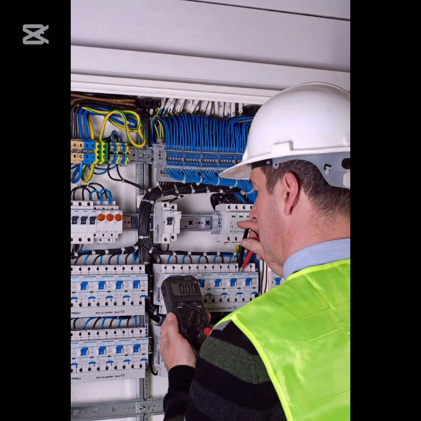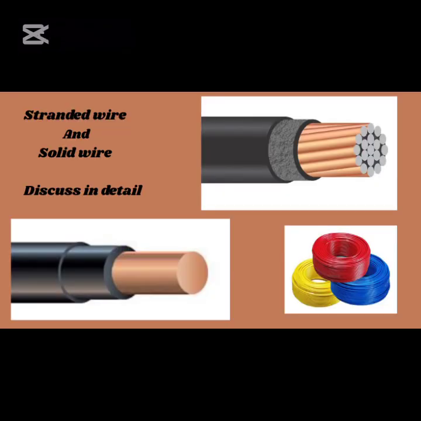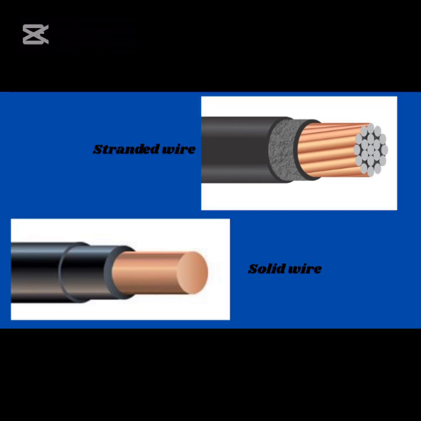Now that we've established what stranded and solid wires are, let's compare them. Understanding the benefits and disadvantages of these two distinct types of wire is essential to determine which one is best suited for your specific needs and project requirements. Let's go. 1. Current carrying capacity. The solid wire will carry more current than the stranded wire for the same diameter of wire.